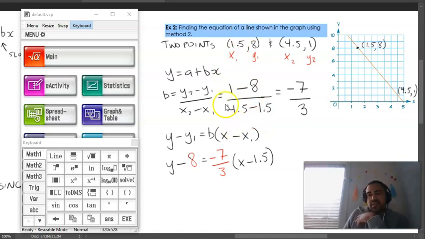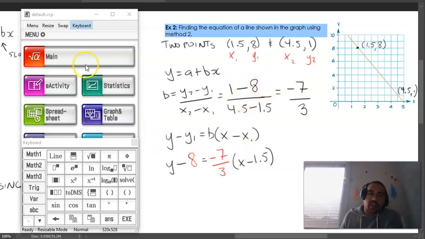We just want this to be in the form of y equals and then some form with an x. I know it's easy to just say, how come we can't just add x on both sides? You technically can. That still wouldn't put it in the format of y equals a plus bx, because we've got these crazy brackets going on.